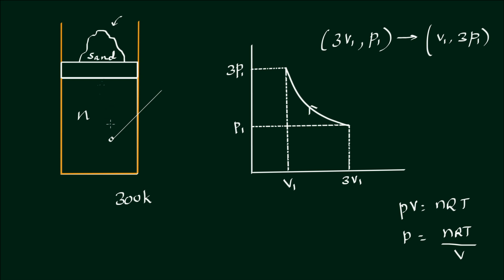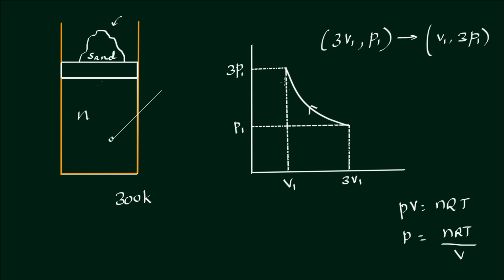An approximation to that would be adding sand grain by grain, and each time I add a grain of sand, I wait for the gas to come to equilibrium with the surrounding temperature so that the temperature is 300, add the next grain of sand, wait for it to equilibrate with the surrounding, and so on. That way, supposing I add 100,000 grains of sand, I have got 100,000 points along which I have taken the system.